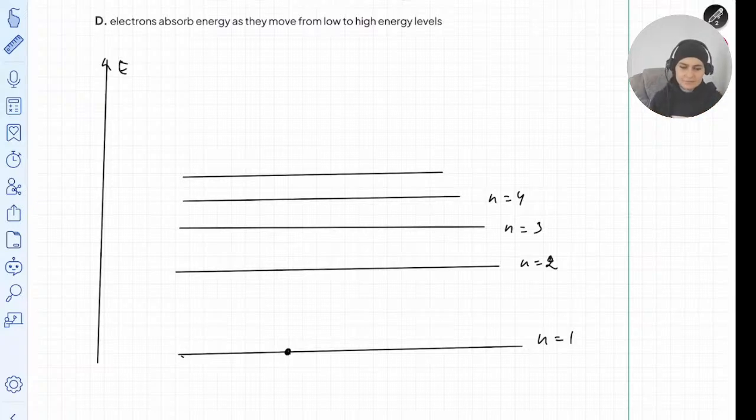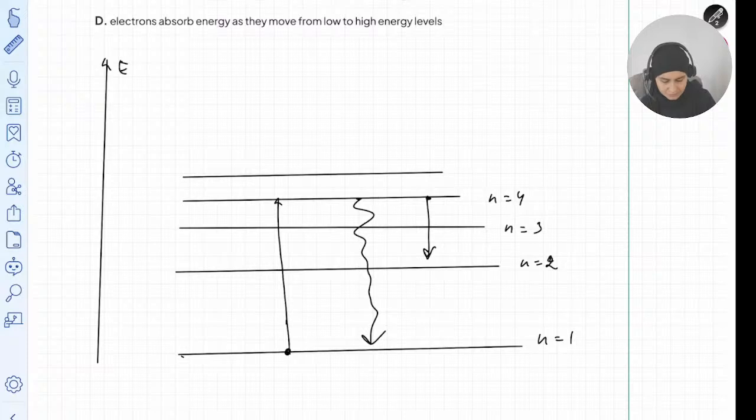Now, if you supply voltage, for example, or a very high temperature, an electron would jump somewhere up, and after that, it cannot stay on higher energy levels forever. It would go back down to lower energy levels. It can go either completely back here or maybe there. The most important thing is that it can only jump between the levels. So when it falls down, it releases energy that exactly corresponds to the energy gap.